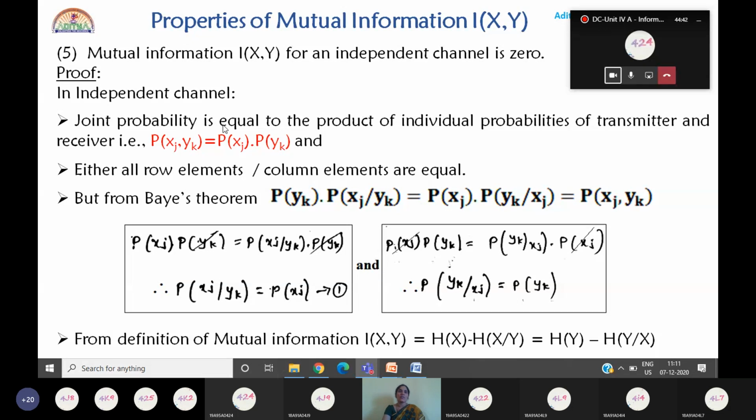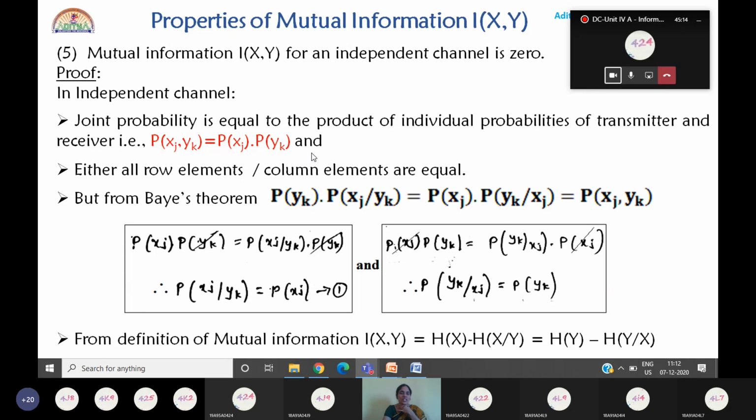In the independent channel, what is the condition? Joint probability is equal to the product of individual probabilities of transmitter and receiver. Because this is the basic thing that you should know. For an independent event or independent channel, the joint probability should be equal to the product of individual probabilities. Here, individual probabilities means, in general, P of xj and P of yk.